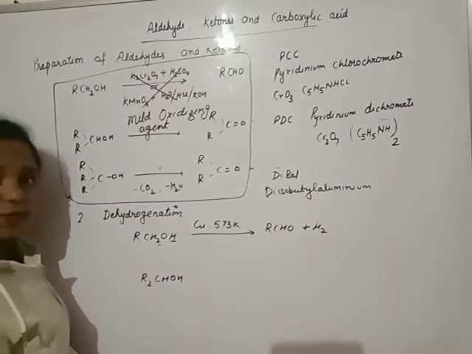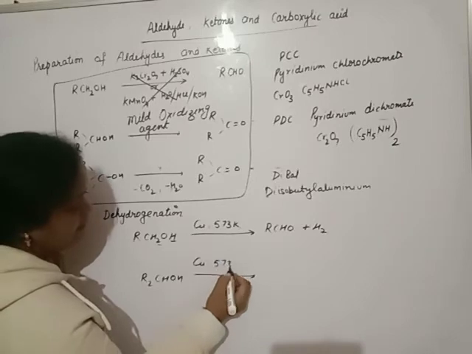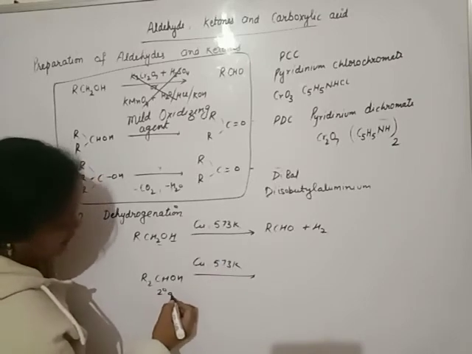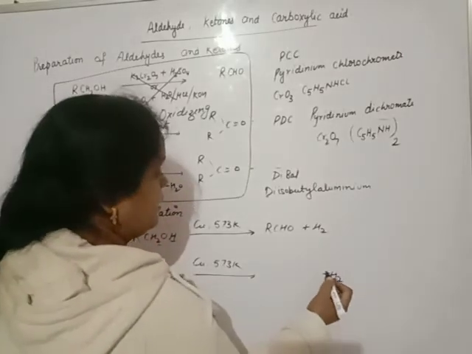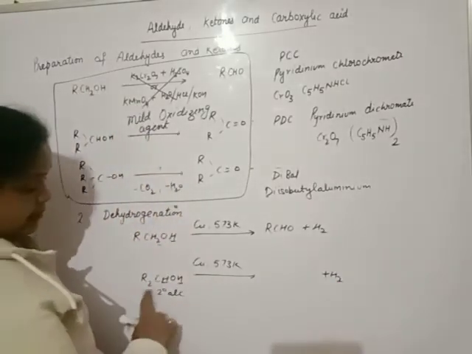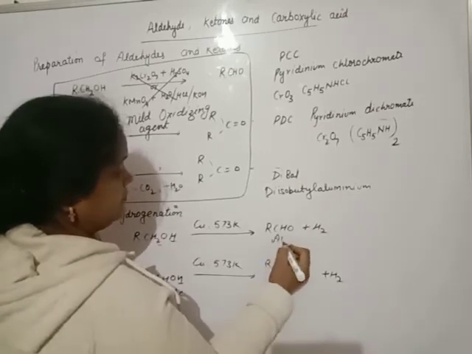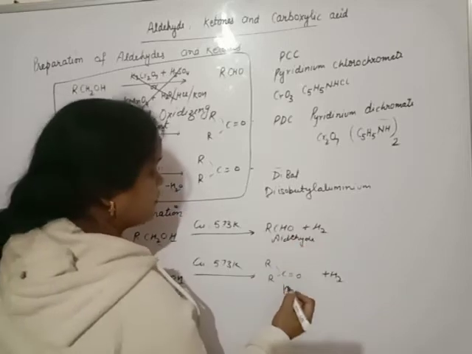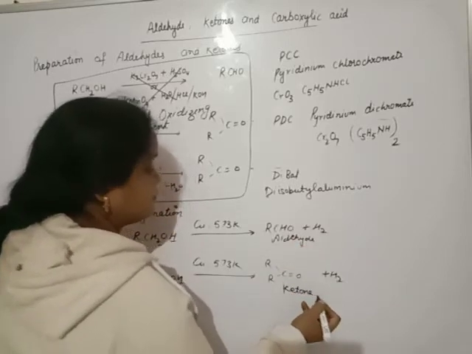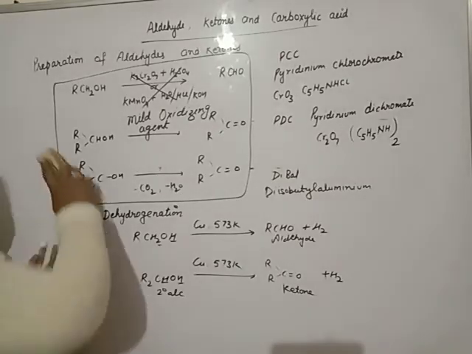Dehydrogenation, removal of hydrogen. Same reaction, copper at 573 Kelvin. Beta, secondary alcohol loses two hydrogens in the form of hydrogen gas, and what remains? Ketone remains. This is aldehyde. This is ketone. One is aldehyde, another one is ketone.